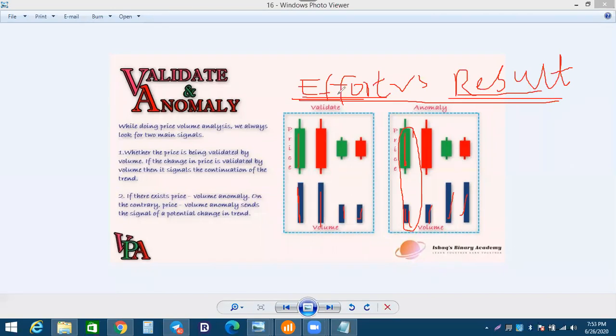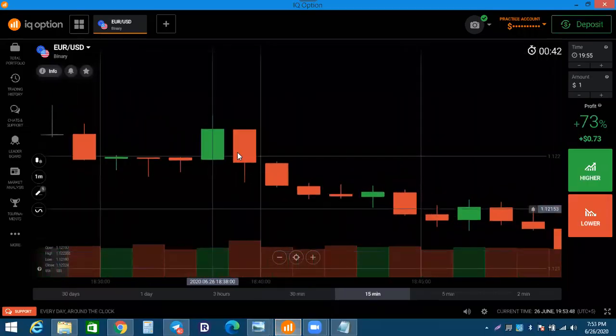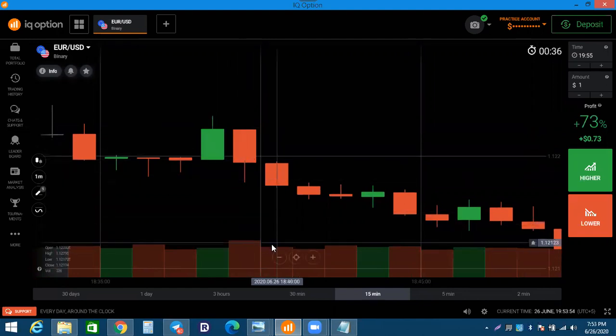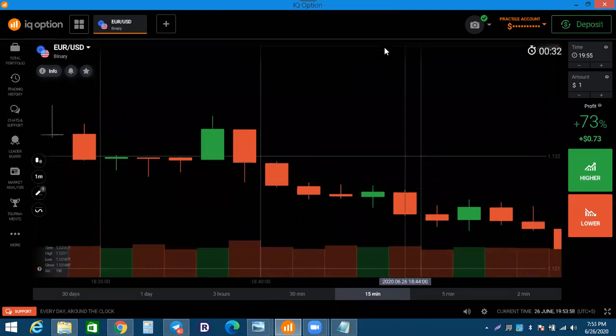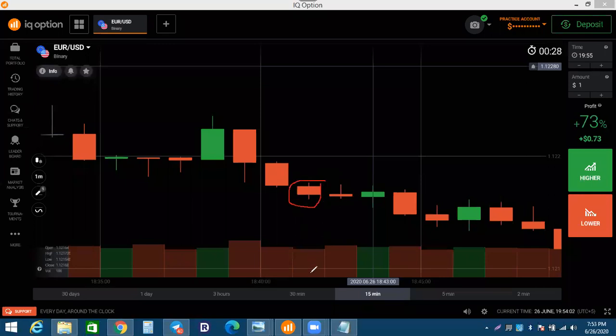Always in this chart, look at this. The volume is the effort and that is the result. So here, in this case, understand, this candle has this type of volume.